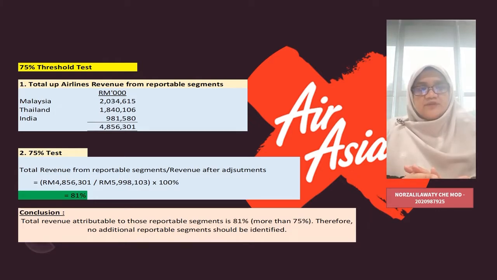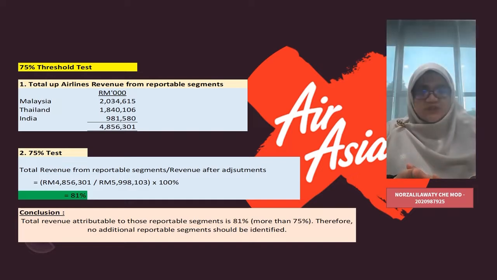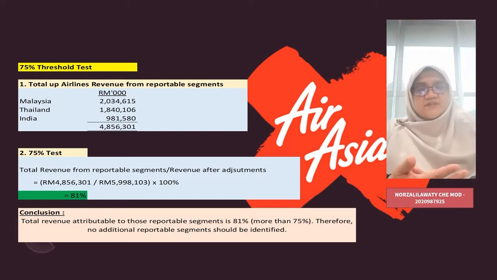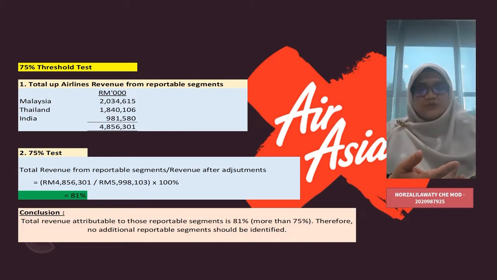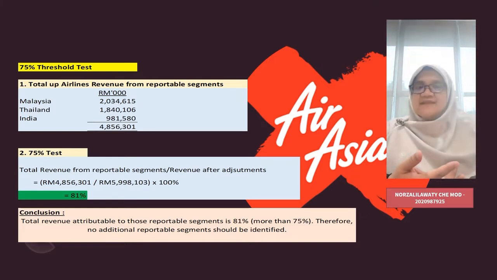The formula for the 70% test is total revenue from reportable segments divided by revenue after adjustment, as you can see on the screen, resulting in total revenue attributable to those reportable segments of 18.1%. Therefore, no additional reportable segment should be identified as it is more than 70%.